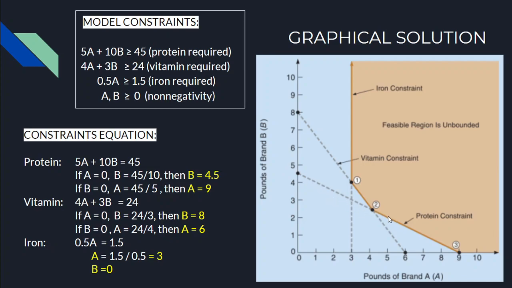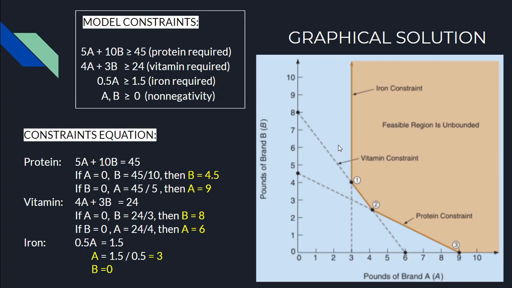Bibigyan tayo ng line which is equals to 45. Now for our vitamin constraint naman, so B is 8, kaya ayun yung first point, nasa 8. Tapos yung A ay 6. So ito yung second point natin, nakatapat sa 6. Okay? So now we have our line constraint for vitamin.